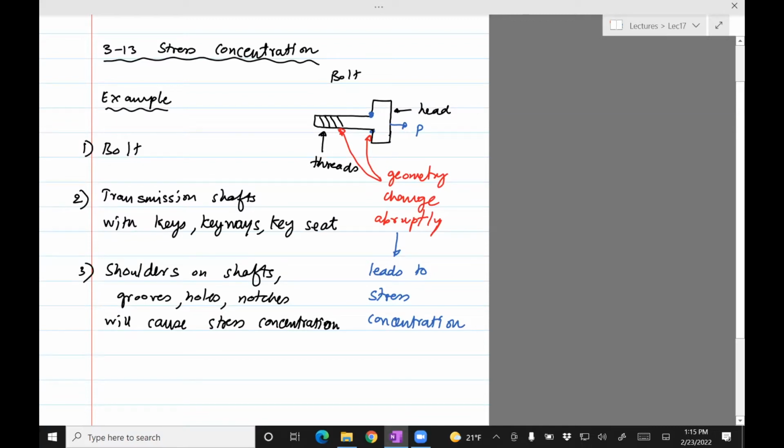The approach we follow is basically an empirical approach: they have taken specimens and loaded them and then used strain gauges to figure out the stresses. Then a table is generated, and that table can be used to figure out what the stress is. The other way to do this is to use software like finite element analysis, which you might have used.